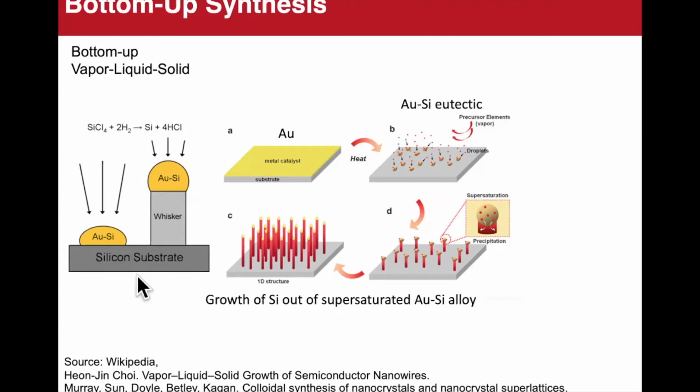Here you need a metal catalyst to produce these whiskers. Here you have a gold catalyst, and you can grow whiskers out of the substrate. But some of the disadvantages are that it requires an ultra-high vacuum reaction vessel, and it also employs highly toxic gases. However, you have precise control of the materials that form.